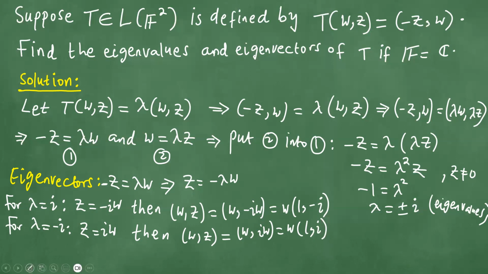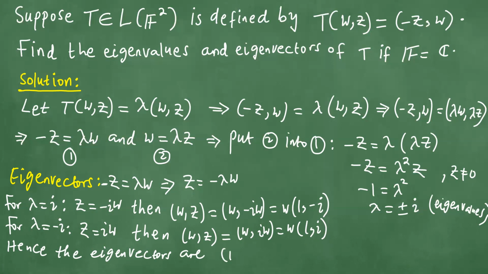And now the conclusion is that the eigenvectors are two of them.